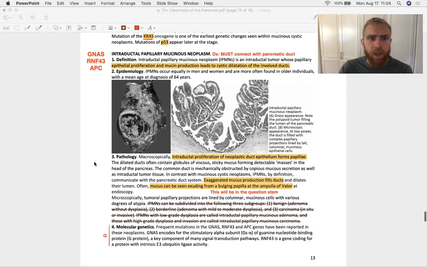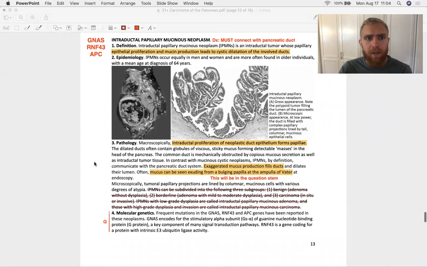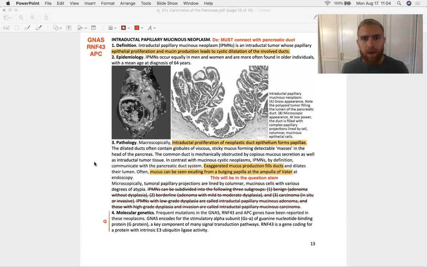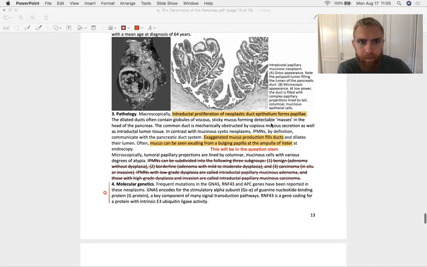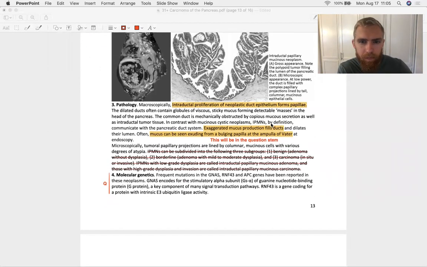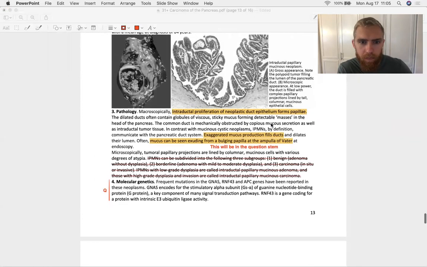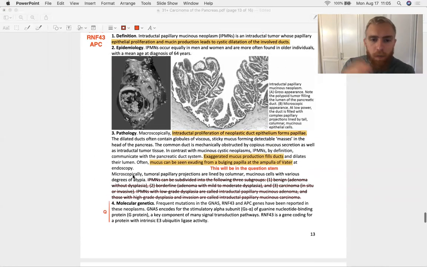What do we got going on for the intraductal papillary mucinous neoplasm? We got GNAS mutations and APC mutations, and they got to tell you somehow it connects to the pancreatic duct. Often, mucus can be seen exuding from a bulging papilla at the ampulla of Vater.